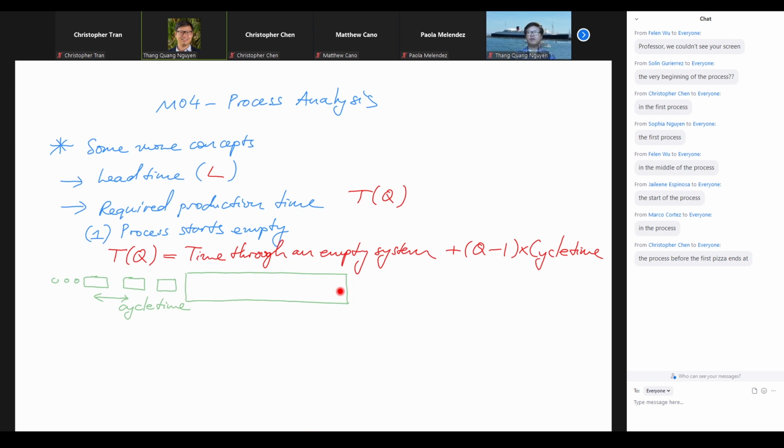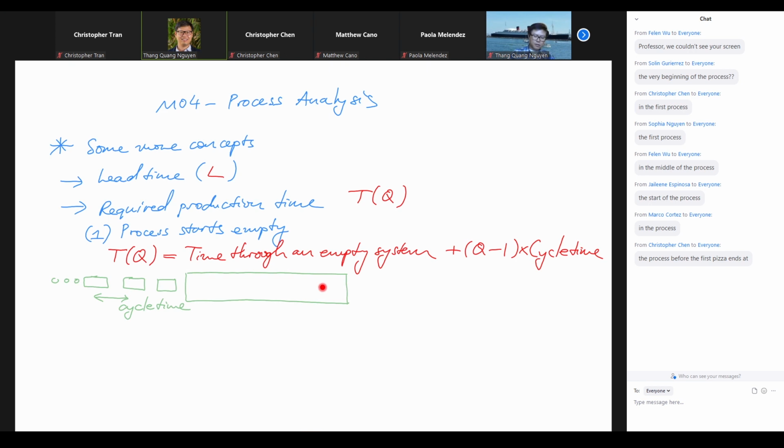If you go to Chipotle and see how they bake pizza, they put it on a line like this, and the pizzas go gradually through the oven. So when the first pizza reaches the end, the second will be here.